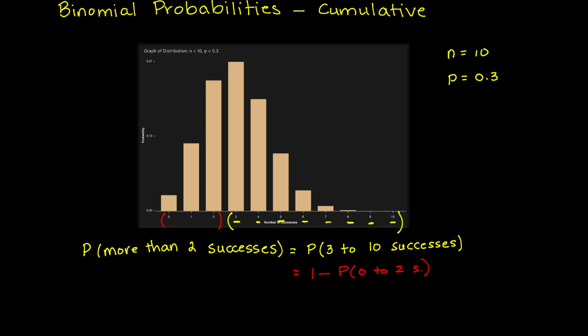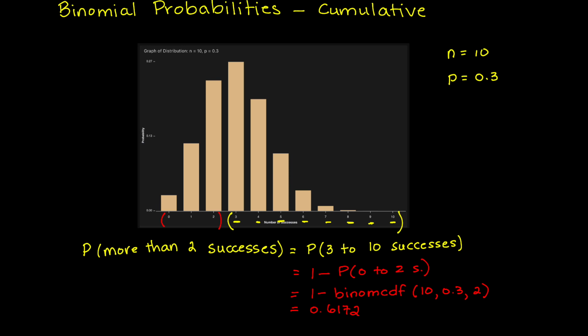Now I can put this into the calculator: 1 minus binomial CDF, 10 trials, probability of success 0.3, and the maximum number of successes is 2. And what do we get for that? 0.6172.